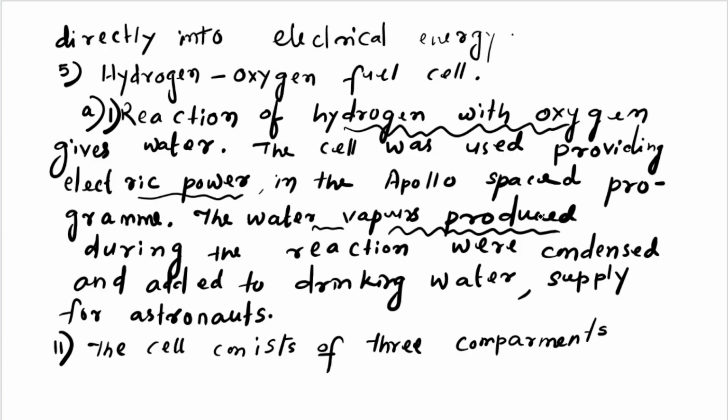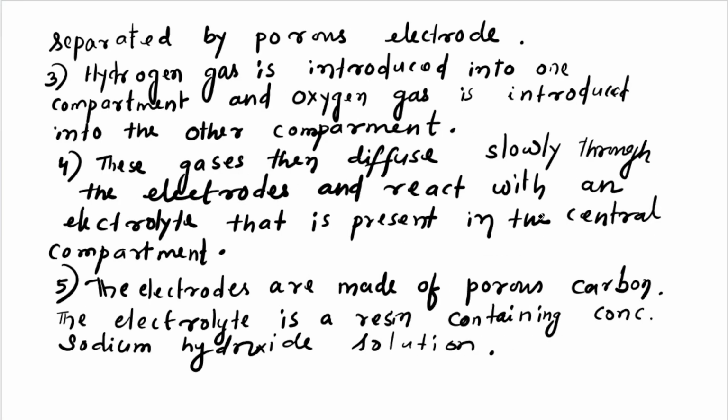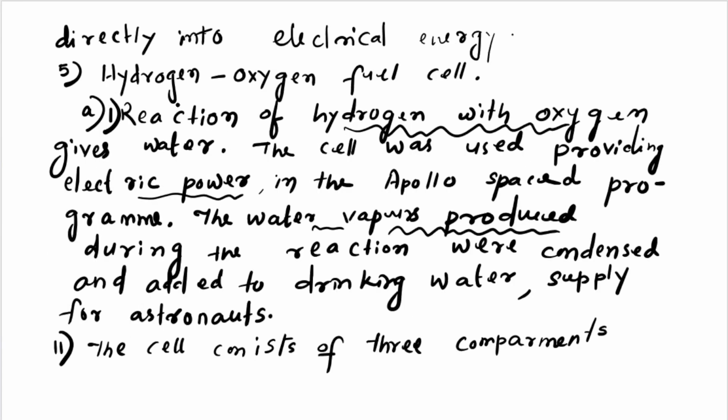This cell consists of 3 compartments separated by porous electrodes, porous meaning having small holes. Hydrogen gas is introduced into one compartment and oxygen gas into another compartment. How many compartments are there? 3 compartments.